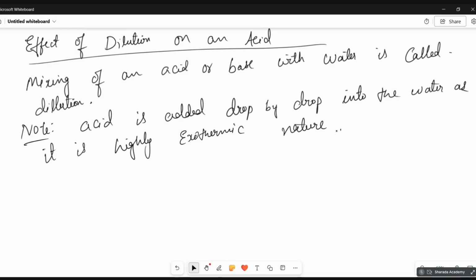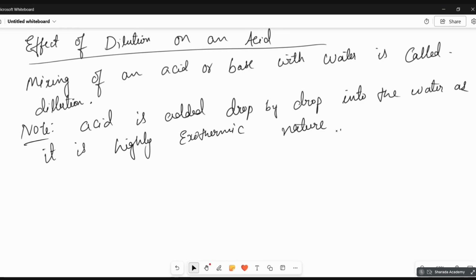We consider it acid rain when the pH value is less than 5.6. When it is coming from the clouds, the water is neutral in nature. But when it comes through the atmosphere, what happens? The atmosphere has more sulfur dioxide, sulfur trioxide, carbon dioxide, and carbon monoxide.